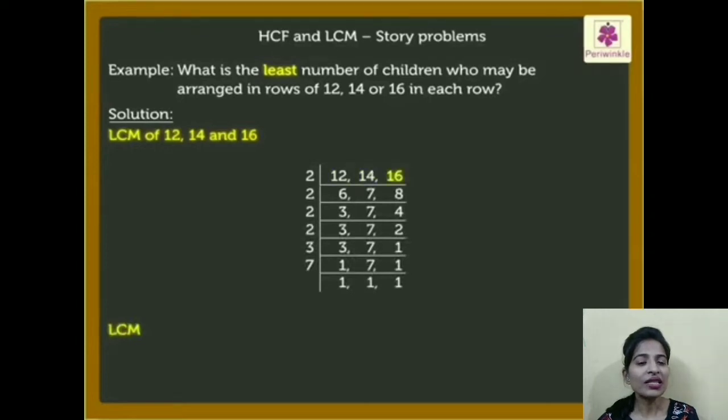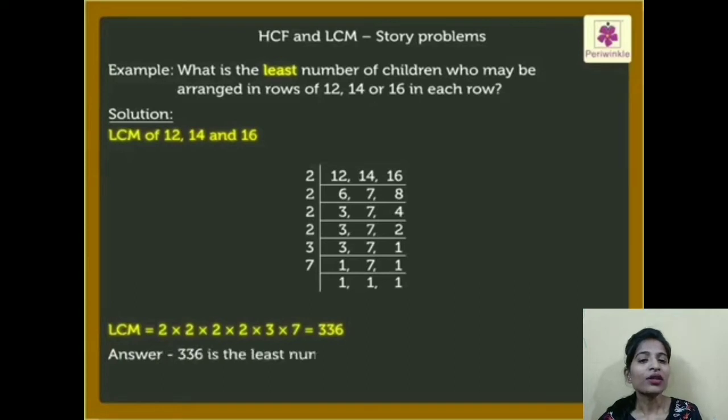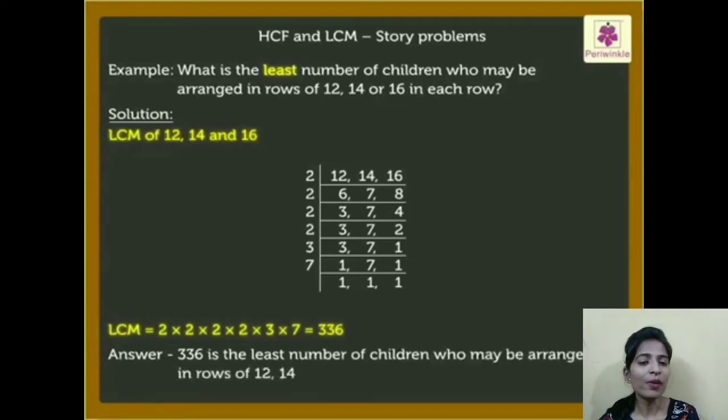So its LCM will be 2 into 2 into 2 into 2 into 3 into 7, that is equal to 336. So the final answer will be 336 is the least number of children who may be arranged in rows of 12, 14 or 16 in each row.